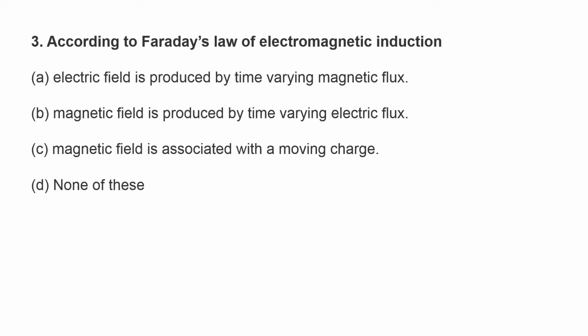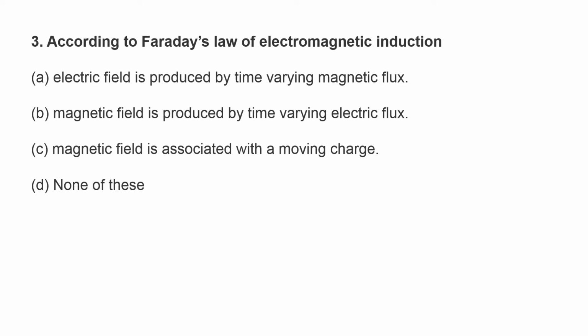According to Faraday's law of electromagnetic induction, the magnitude of induced EMF in a circuit is equal to the time rate of change of magnetic flux through the circuit. That is, induced EMF in a circuit is proportional to the time rate of change of magnetic flux.